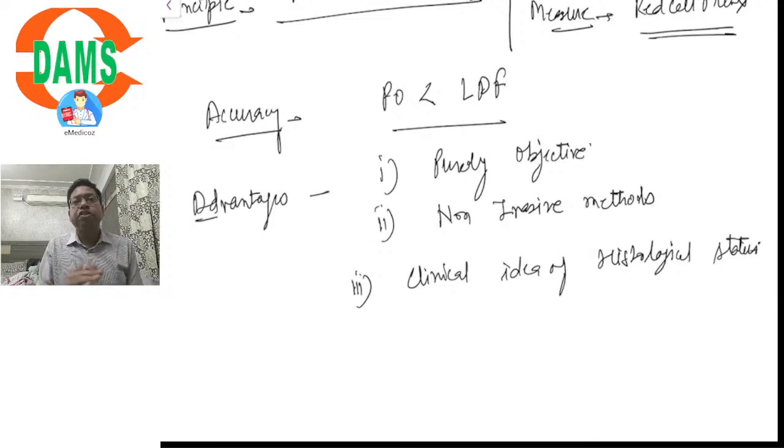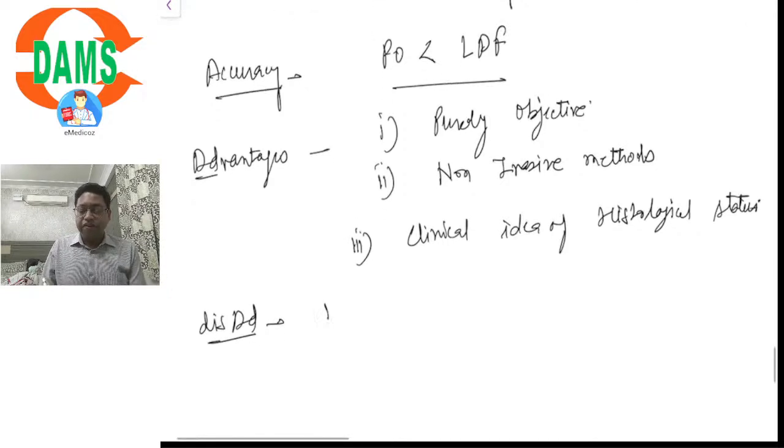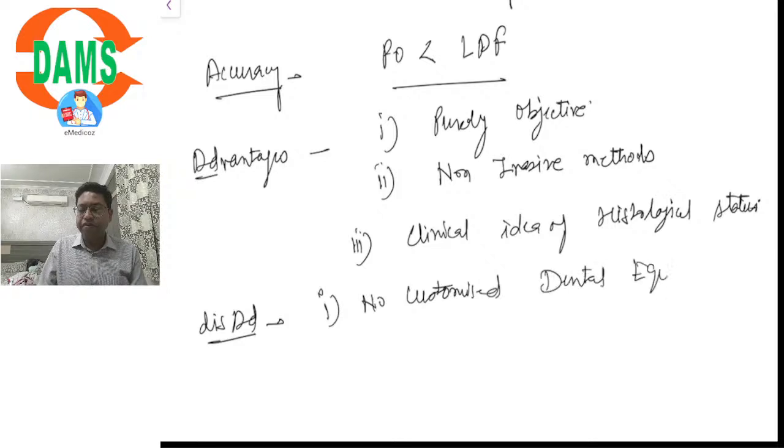So it is an interpretation of the histological status as well as the clinical status of the pulp. If I talk about the disadvantages of these methods, the most important disadvantage is that there is no customized dental equipment available.